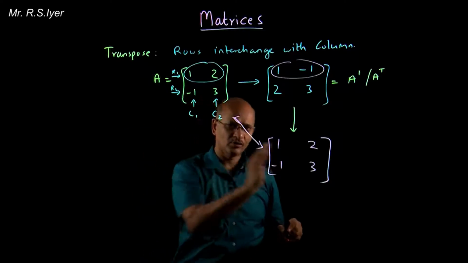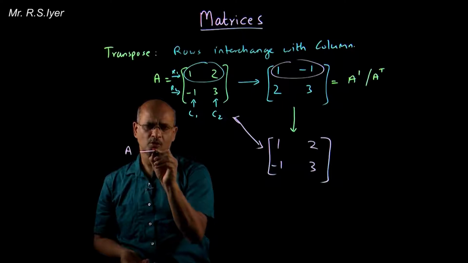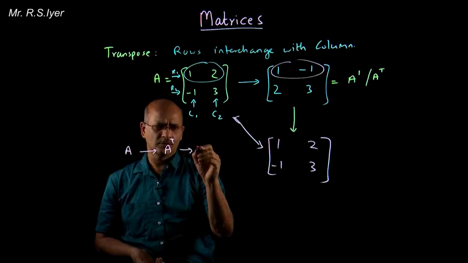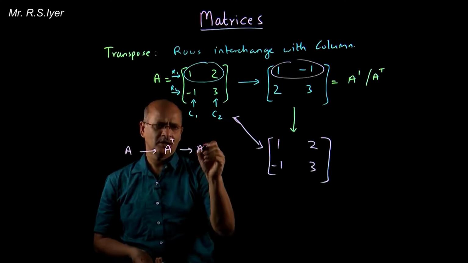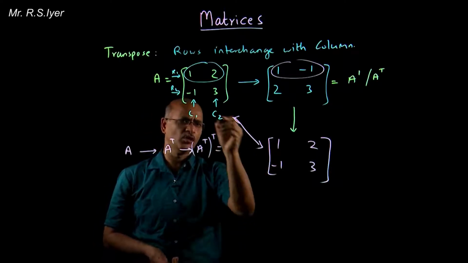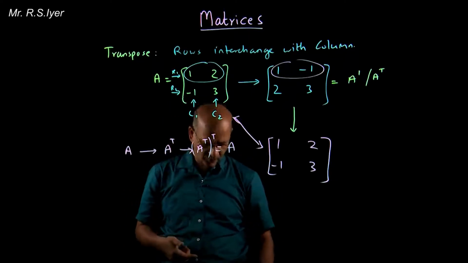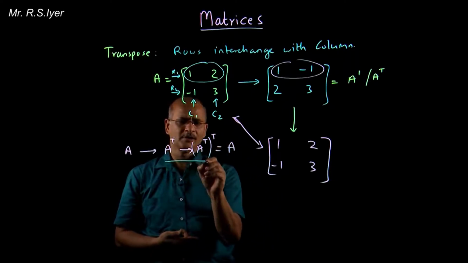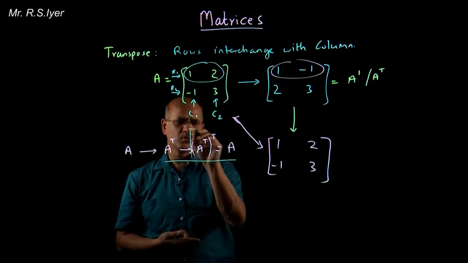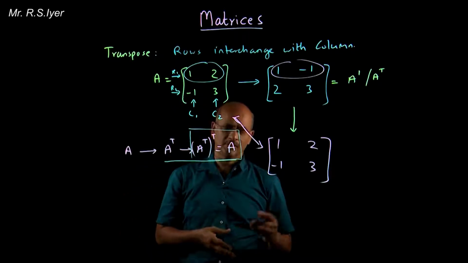So in short, when a matrix is A, you find the transpose of it, and then the transpose of the transpose gives you the original matrix back. This is considered one of the properties which will help you in solving sums later on.